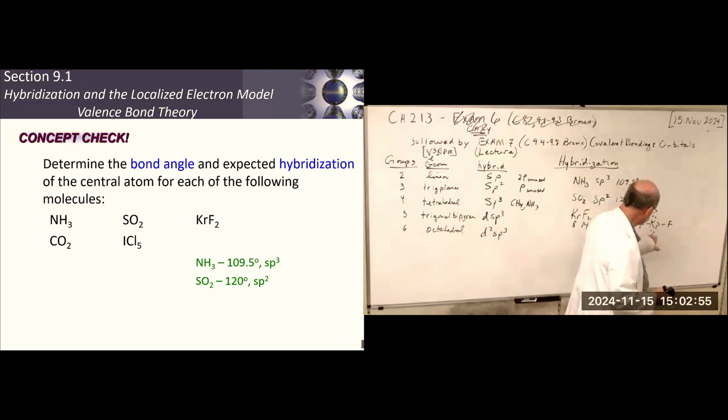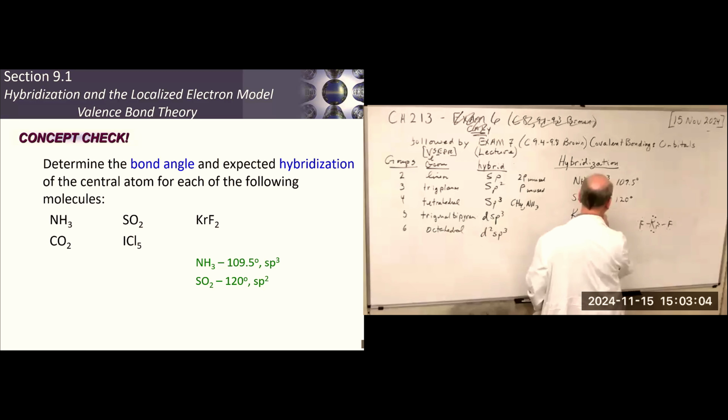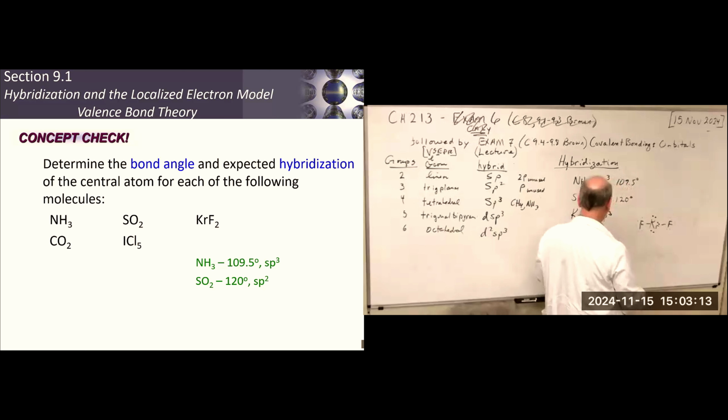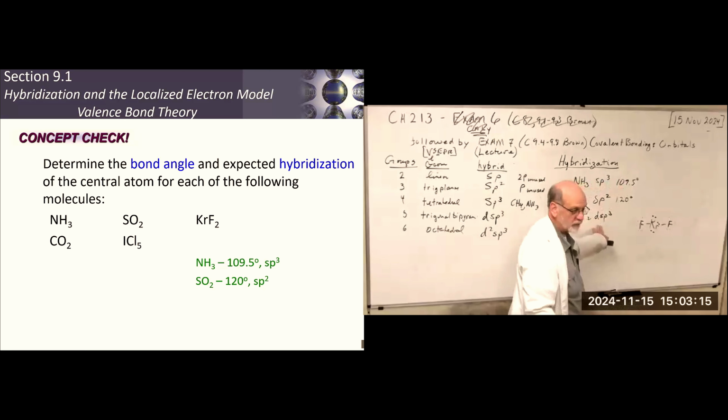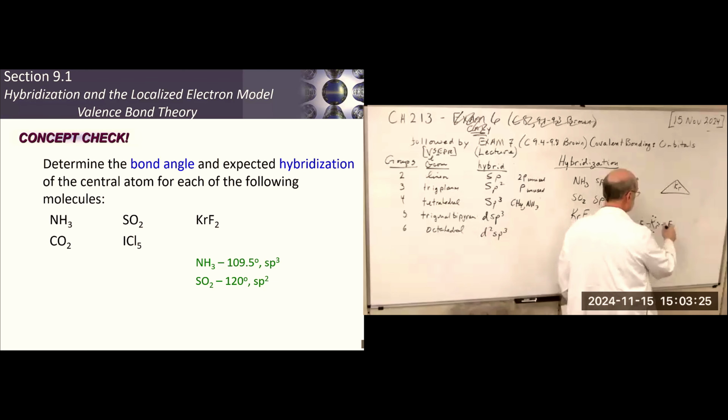So this is 1, 2, 3, 4, 5 groups around that krypton, which means what? It's dsp3. And the structure would be trigonal bipyramid, right? So the trigonal bipyramid is going to look like this with krypton in the middle. Where do the fluorines go?